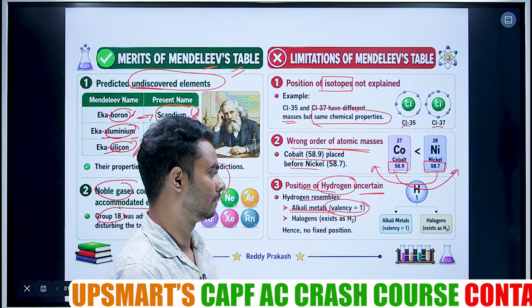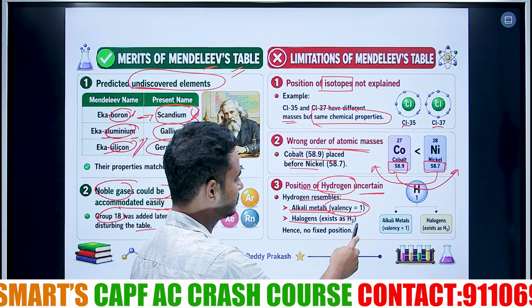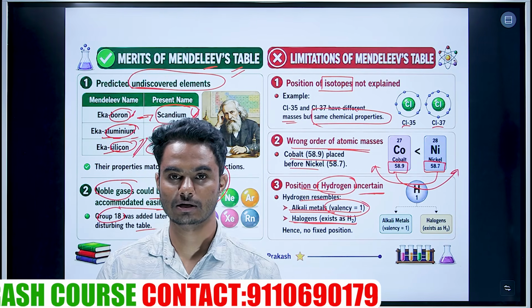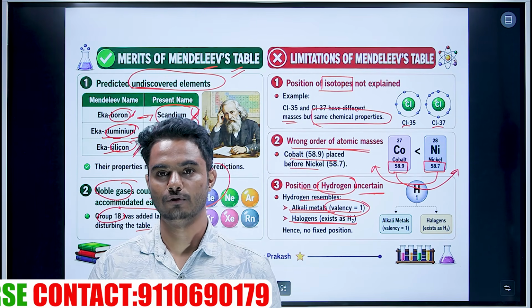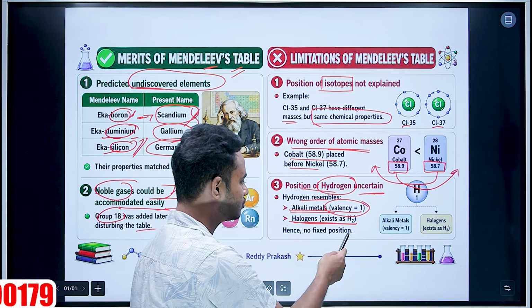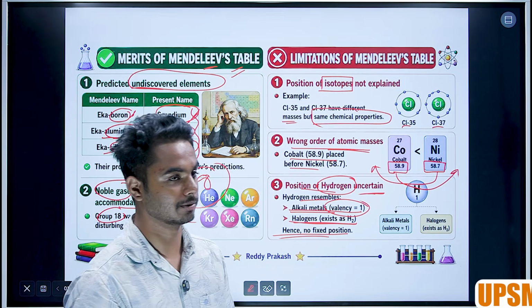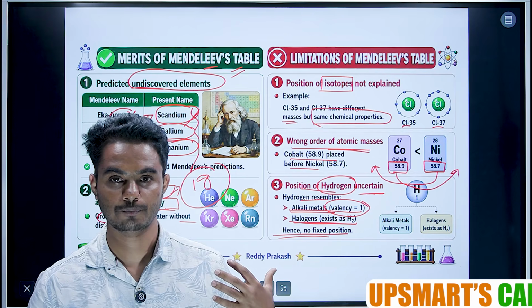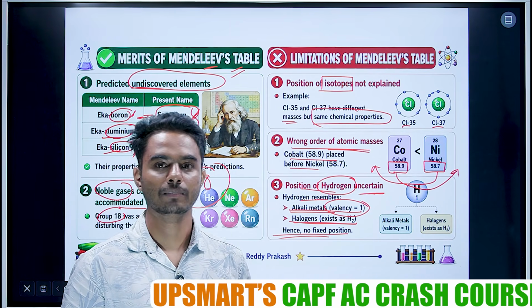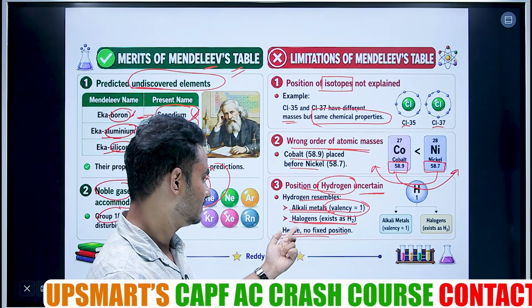That is group 1. Halogens usually exist as diatomic molecules like hydrogen. Example, chlorine, F2, something like that. Here, H2. But hence no differentiation, no fixed position, because he was confused whether to place it in group 1, that is alkali metals, or in group 17, that is the halogens.